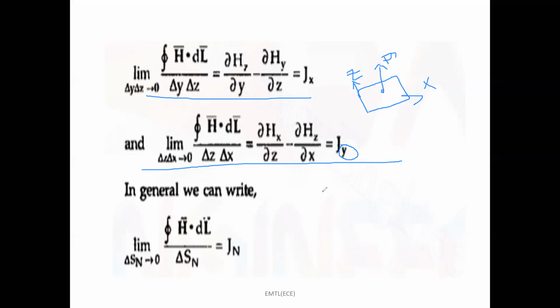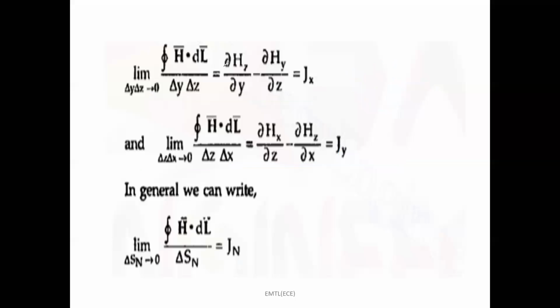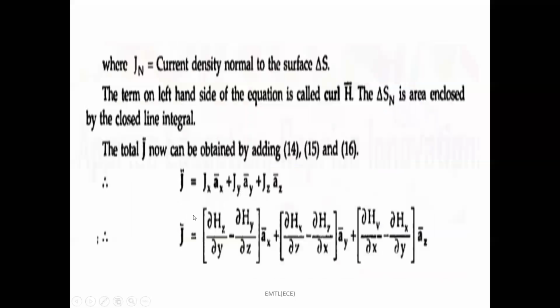Now, in general, the expression for the magnetic field intensity is: limit delta Sn tends to 0 of the integral of H bar dot dl bar by delta Sn is equal to Jn, where Jn is the current density normal to the surface delta S. Now J is expressed as Jx Ax bar plus Jy Ay bar plus Jz Az bar.